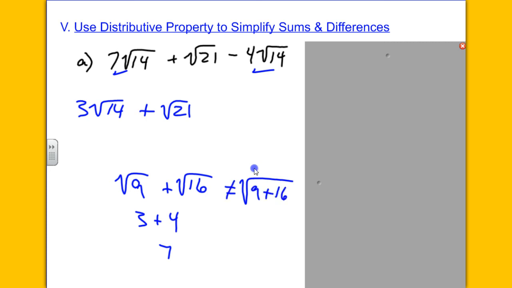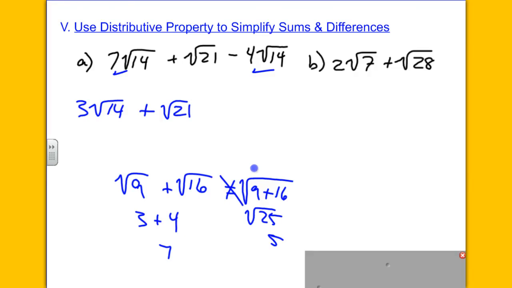What is 9 plus 16? It's 25, right? So square root of 25, is that 7? No, the square root of 25 is 5. So you may not bring two radicals together for addition inside of the radical.